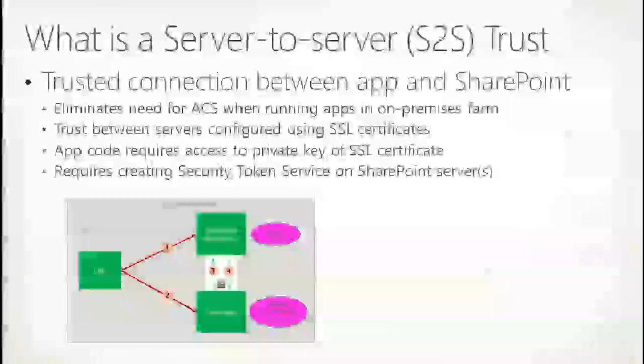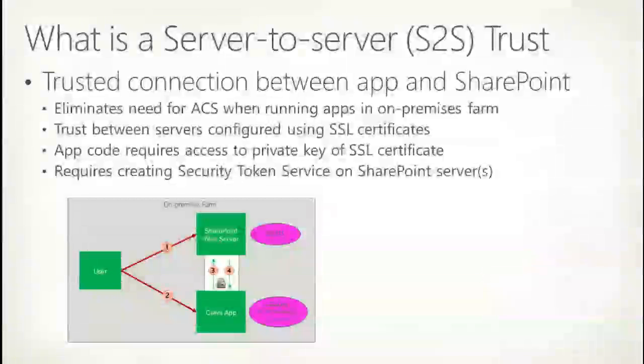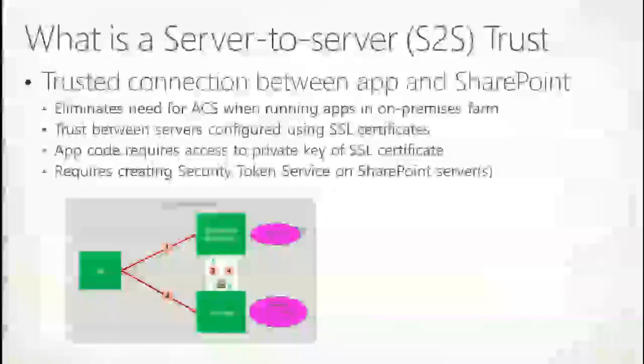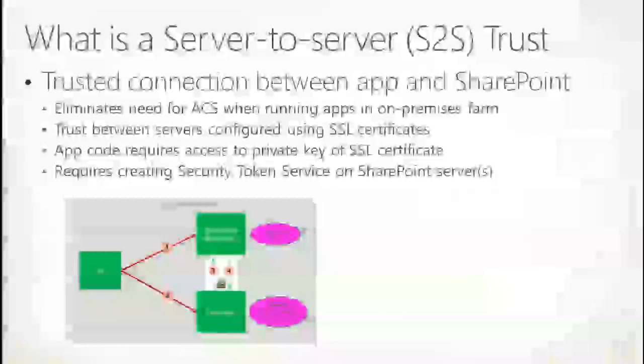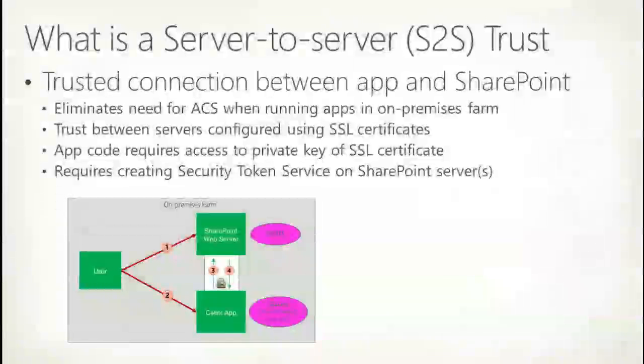The way this is built is with an X509 certificate that has a public-private key pair. On the server that runs the remote web, you have the private key. The app can create access tokens, sign them with this private key, and send them over to SharePoint.